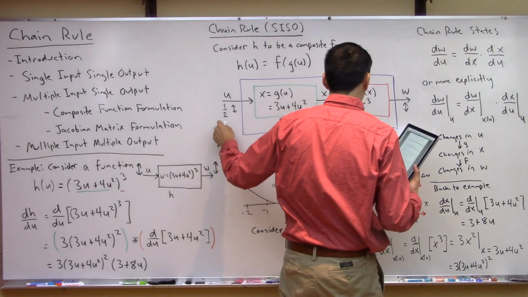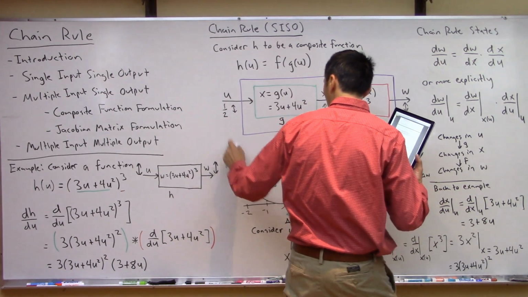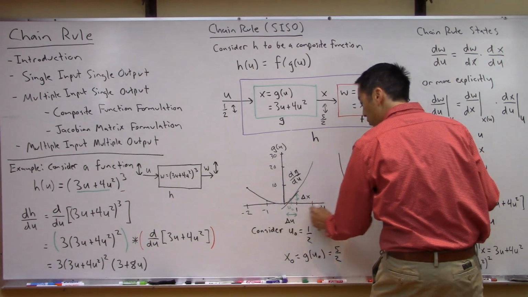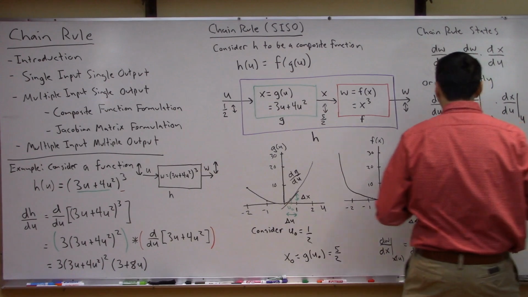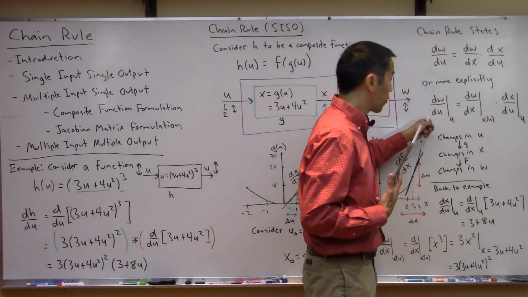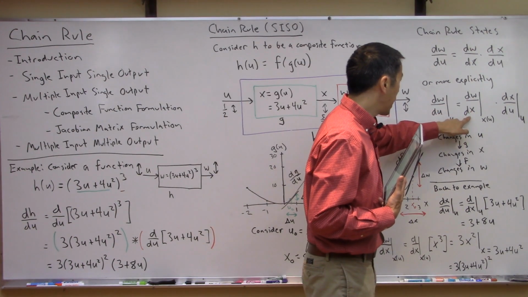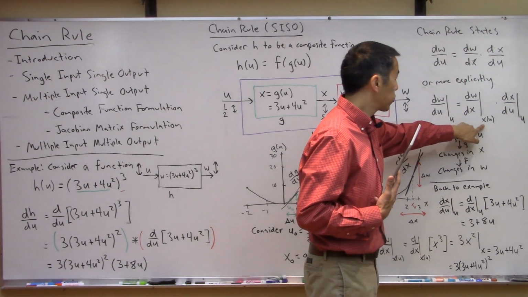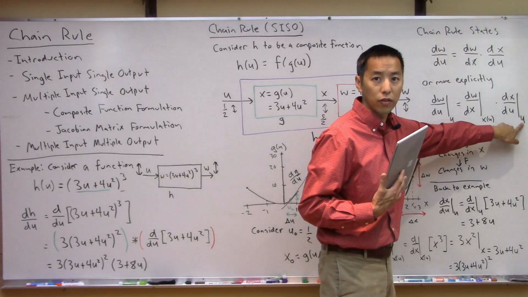The answer you get depends on where this number is, because this is going to move you around on this curve, which is then going to move you around on this curve. So you have to evaluate dw dx at the x location of interest and multiply it with dx du at the u location of interest, okay?